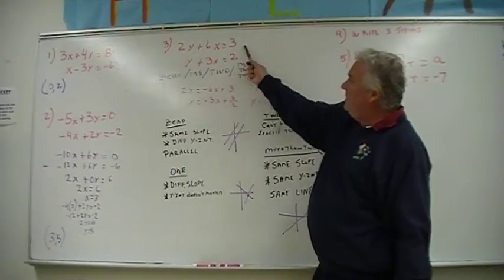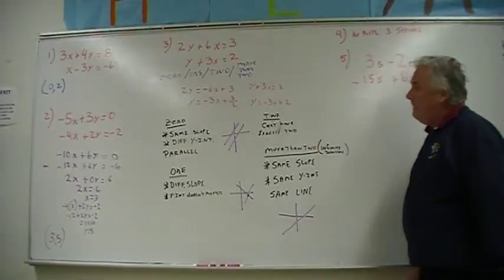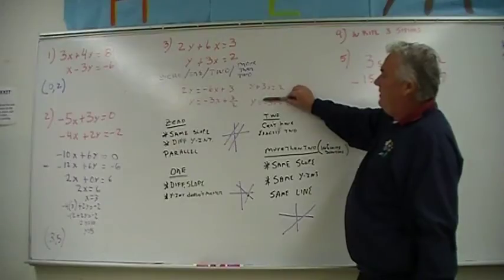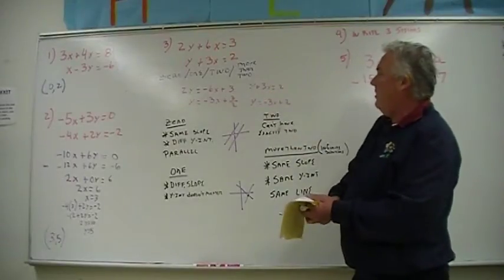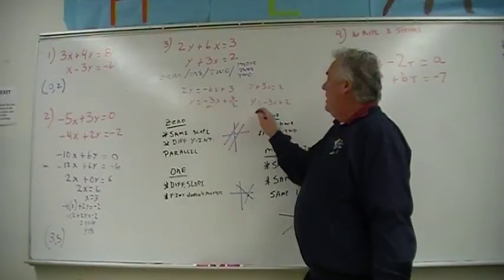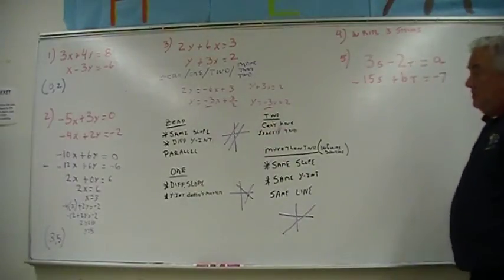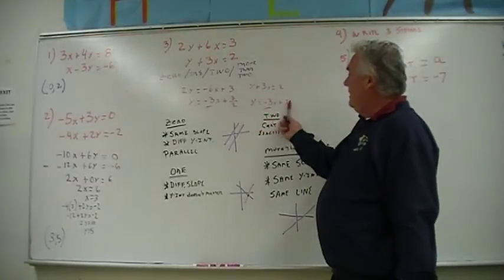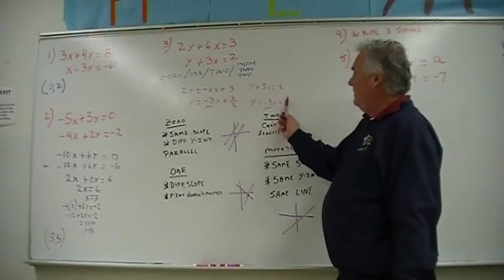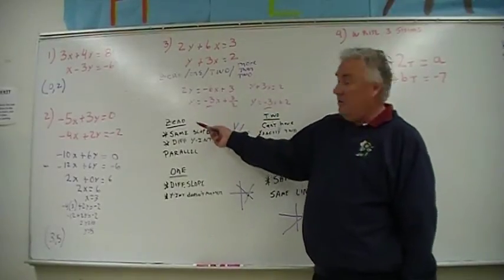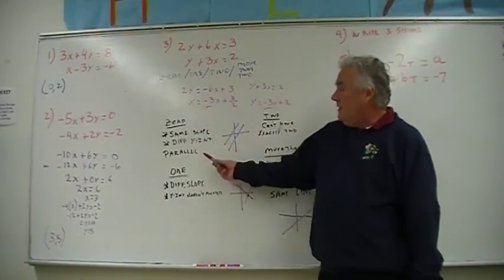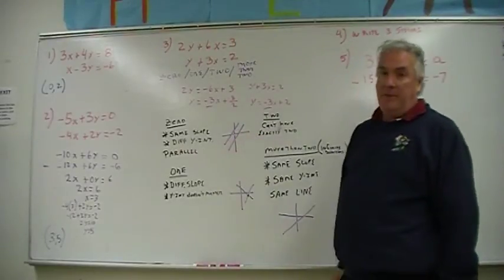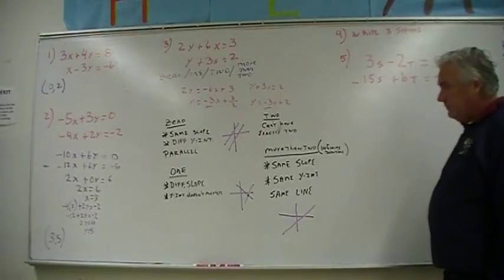So this equation simplifies to that, and this equation simplifies to this. They're both in slope-intercept form, and we have the same slope. If we have the same slope but different y-intercepts, that fits the category of 0 solutions. It means they're parallel, folks.